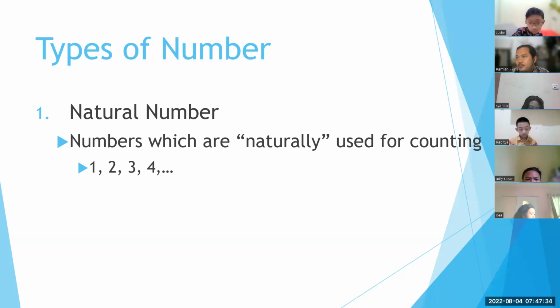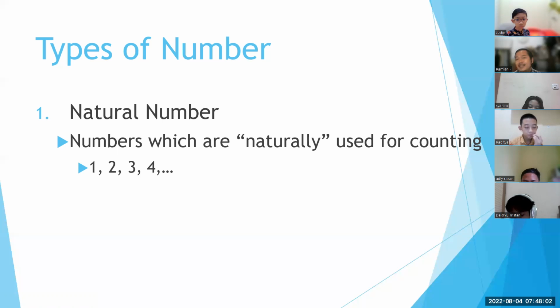Natural numbers here, the first one, are numbers which are naturally used for counting. As you can see in the presentation, I wrote down 1, 2, 3, 4, and then we have three dots. Does anyone know what the three dots mean?